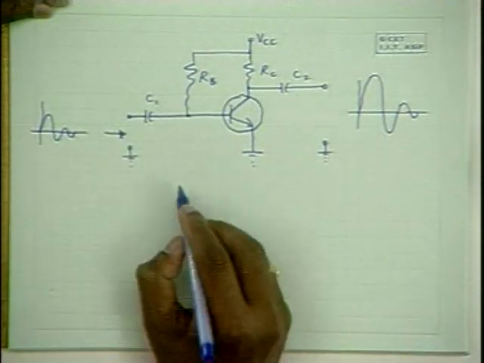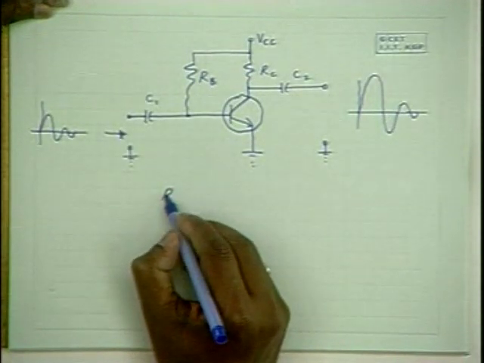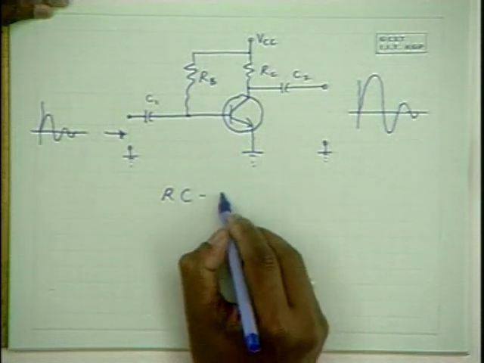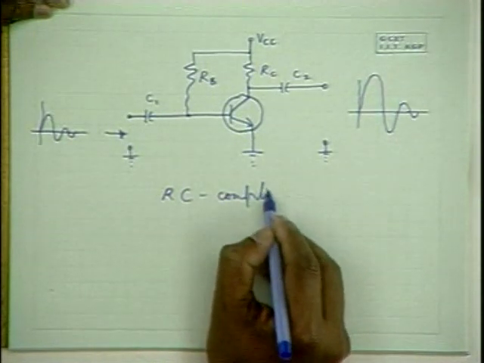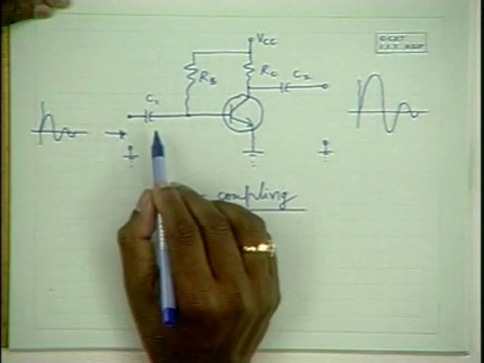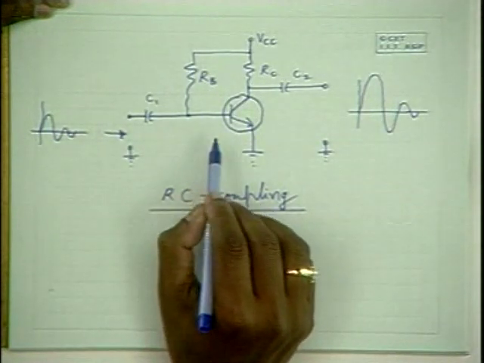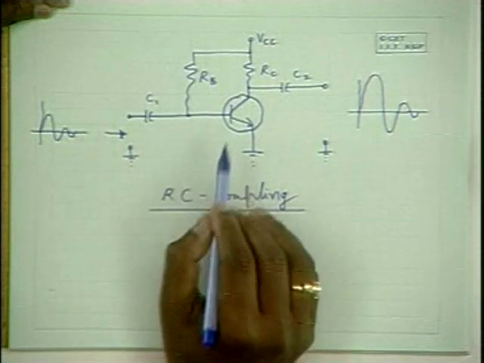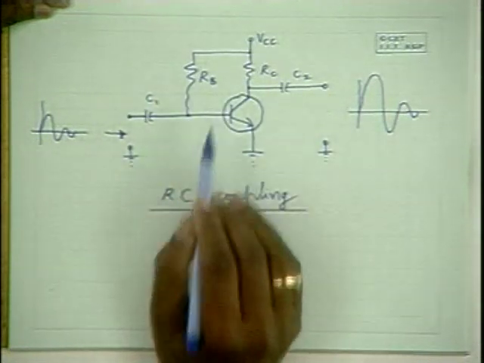So let me first talk about RC coupling. It's a capacitive coupling, and it has an internal resistance over here, therefore it is called an RC coupled amplifier.